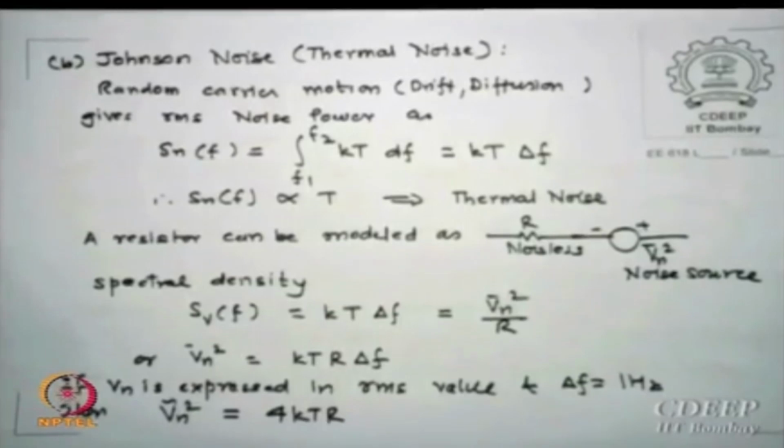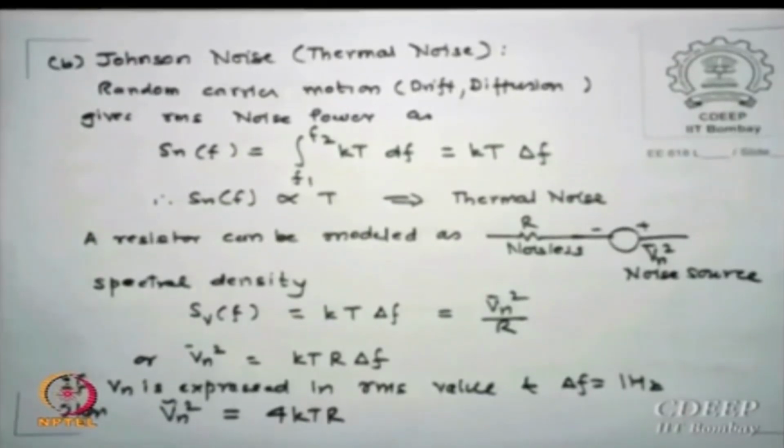Now the spectral density can also be written as Vn square by R, which is kT delta F, and so Vn square is kTR into delta F, where Vn is the noise voltage. If it is expressed in RMS and per hertz, then the Johnson or thermal noise voltage is expressed as 4kTR. Okay.